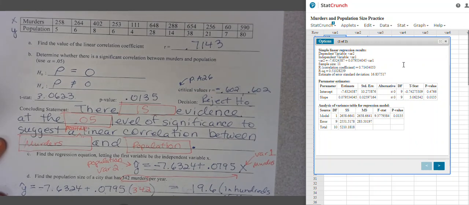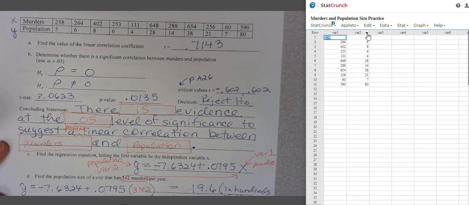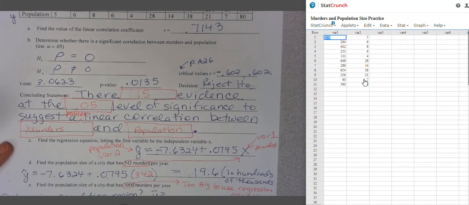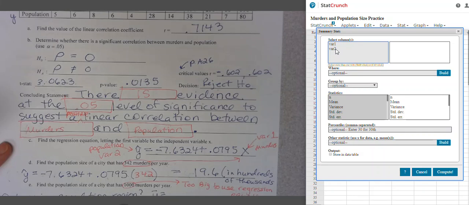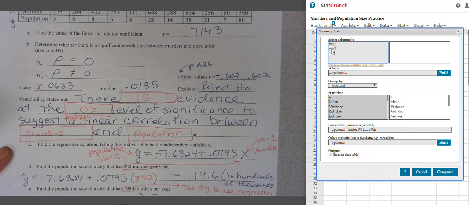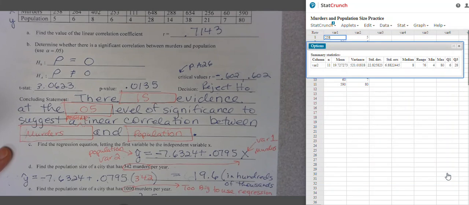Let's go back to StatCrunch, which can do this easily for us. Here's all my y values. I just need the mean of all these values. The way we do that is Stat, Summary Stats, Columns. We tell it to look in var2, because that's the population size, and hit compute. There we get that the mean is 19.7272.